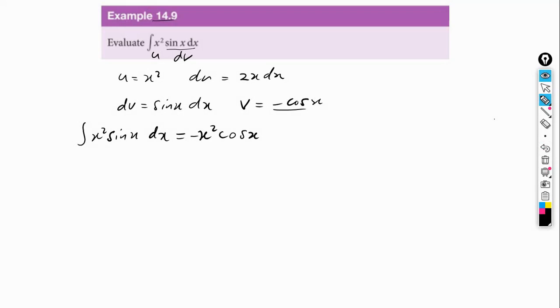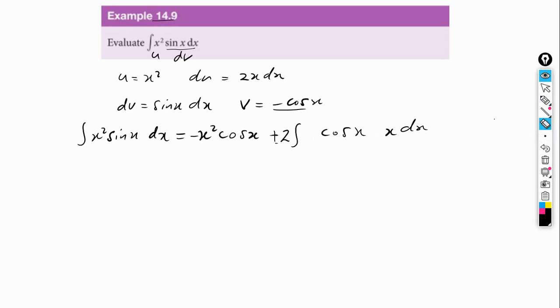Okay, so now we have this minus the integral of v again, which is minus cosine of x, times du, which would be 2x dx. But notice that we can reorganize this because we have the 2, and we have the minus times minus, which can become plus, and we put the 2 outside of the integral.